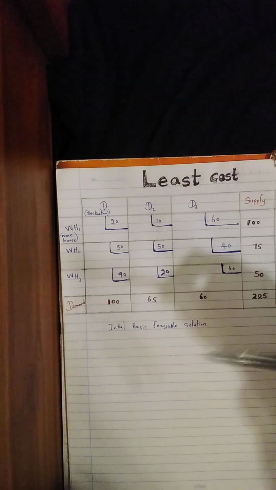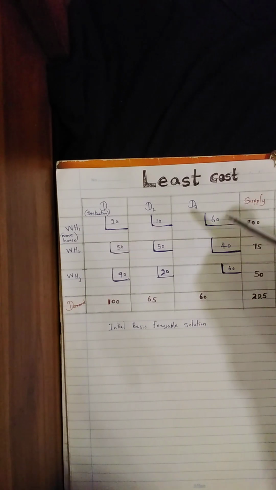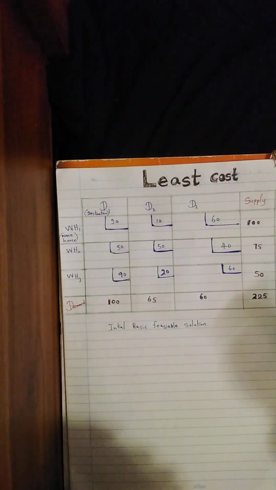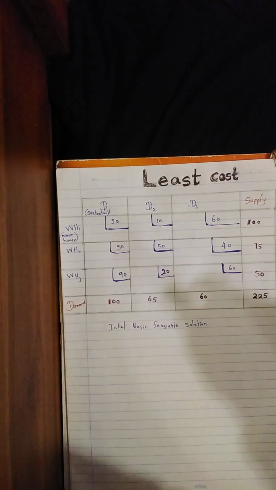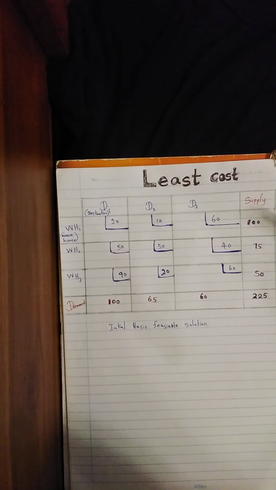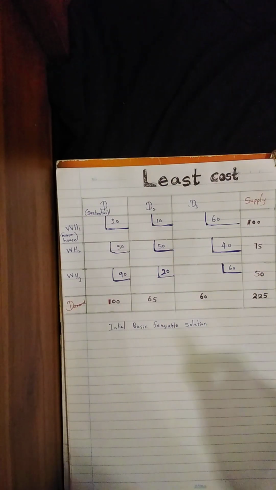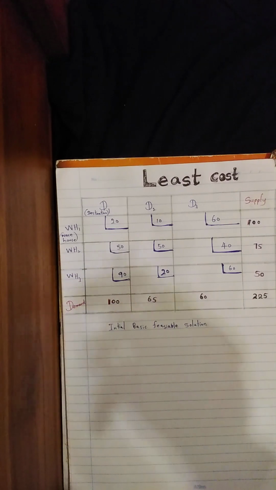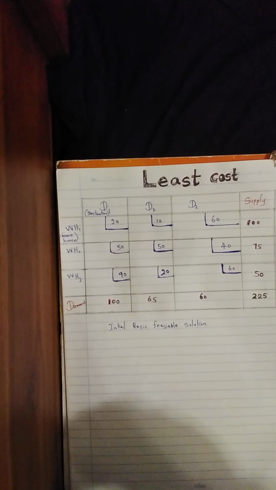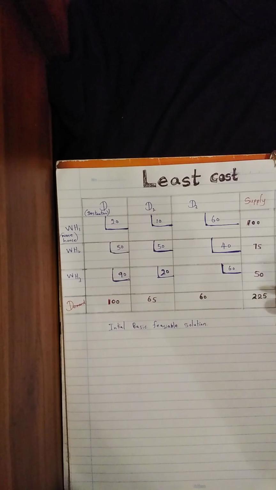In that case you have to put a dummy column or dummy row if supply is unbalanced to the demand. But in this question supply equals demand, therefore we can follow these methods. If you want a supply and demand unequal question, put a comment, then I can upload a video about that.